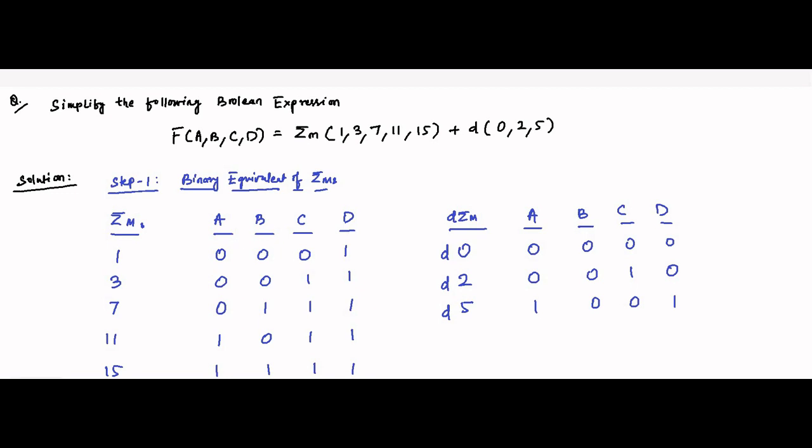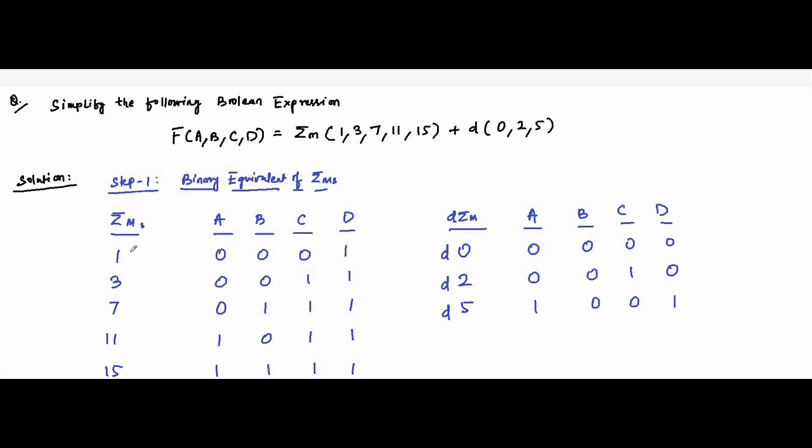Hello friends, so here is another question on SOP, minterm expression simplification using the Quine-McCluskey tabular method with the don't care condition. Here we have a 4 variable Boolean function given in terms of the minterm values and the don't care values. In order to save time, I've already written the binary equivalent of the minterms because that is the first step.